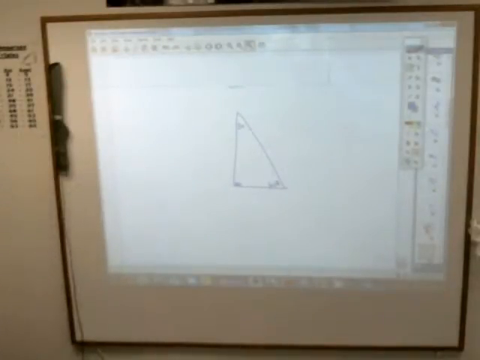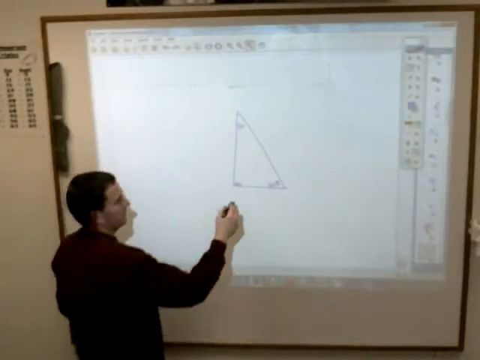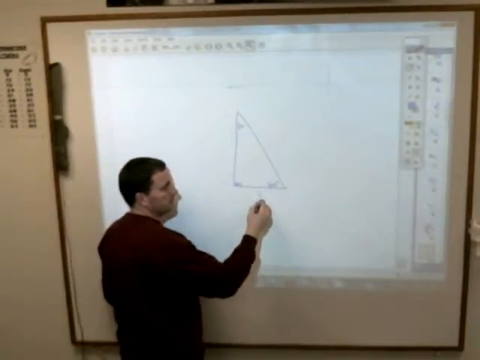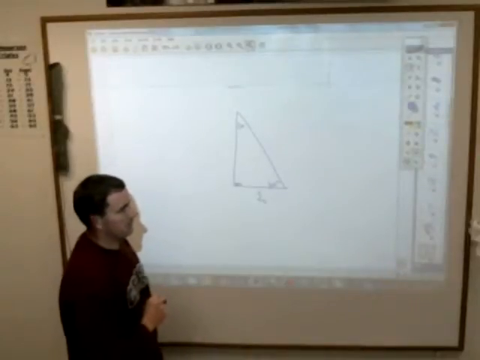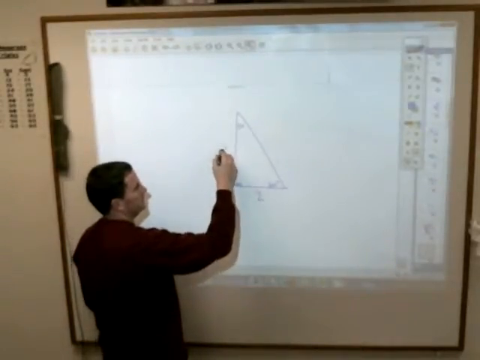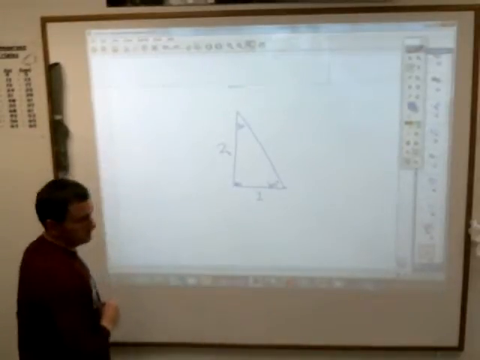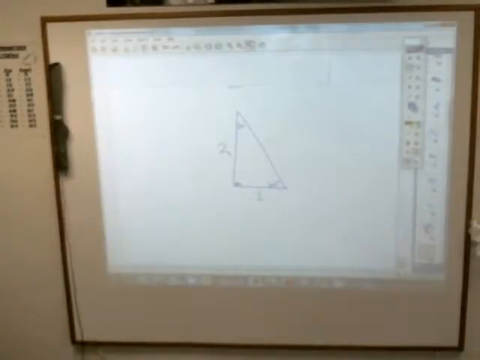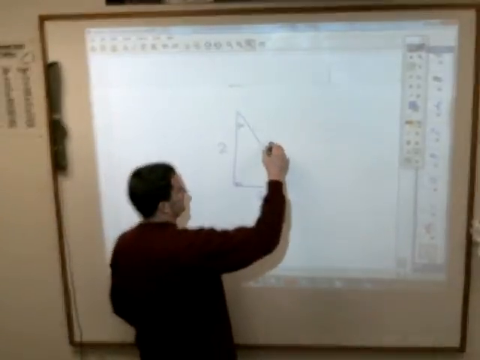And here are the proportions or the ratios that you use for this.